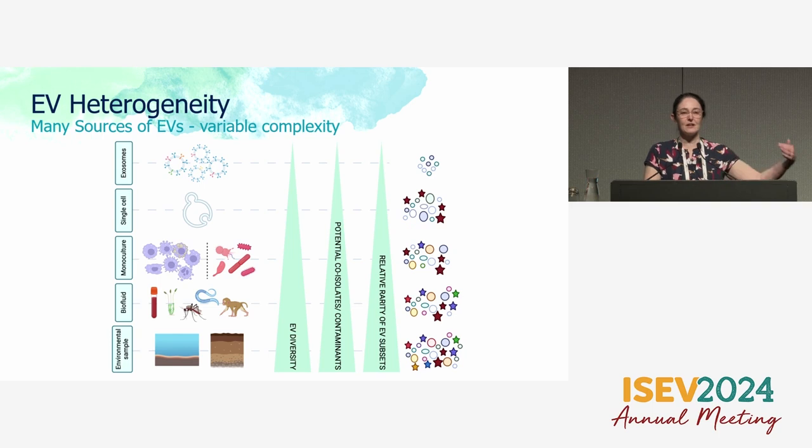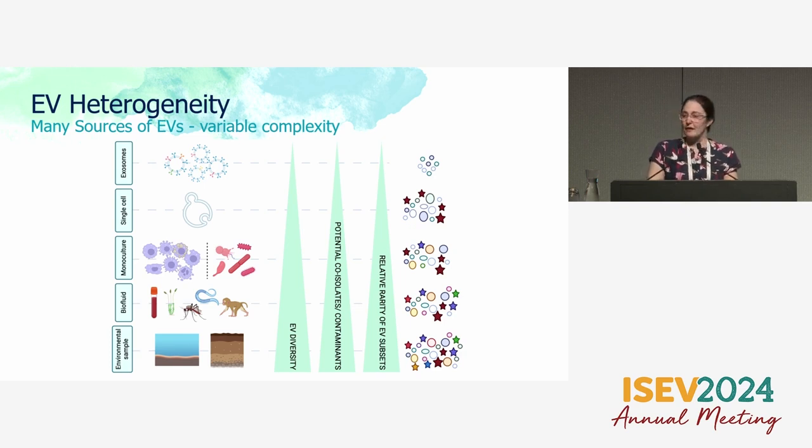So you get another layer of complexity, not only in the EVs that are produced, but also the contaminants. Then another layer of complexity when we start to think about biofluids. This can include phloem from plants, fluid from C. elegans, it can include anything, but we often think about mammalian biofluids such as blood or urine.